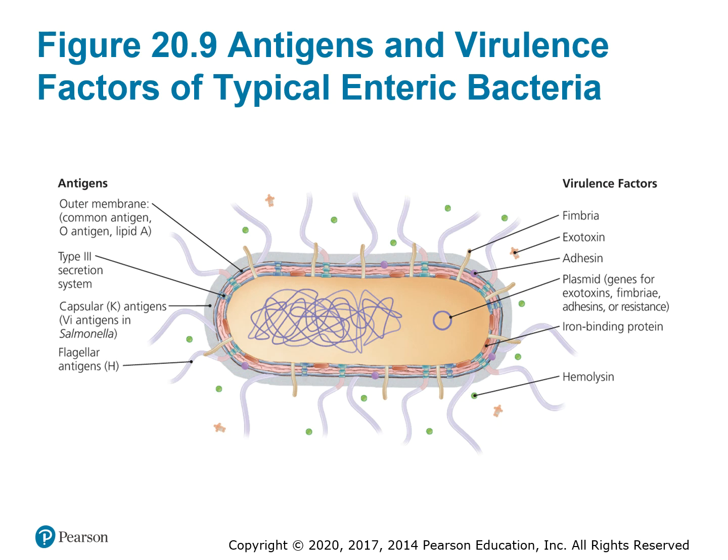All right, so they show you some of the antigens that we have out there. Common antigen, O antigen, lipid A that we talked about earlier. So those are some of the common ones that you have markers for. And then virulence factors, so things like fimbriae and endotoxin, adhesins, plasmids. All those different things help to make it more virulent.